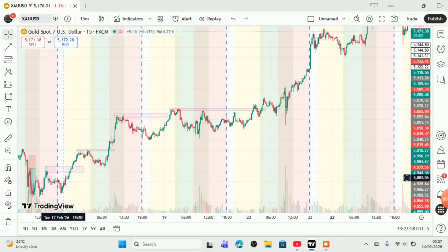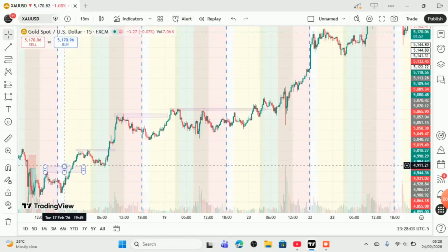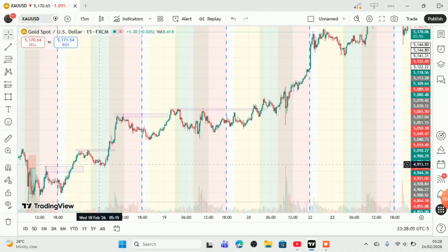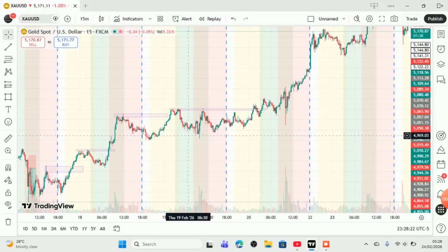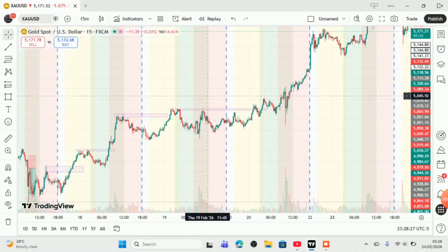Then when this happened, we start picking. It broke the higher high, came here, created a higher low, broke this zone which is the higher high and went up, created another higher low, came and cleared this higher high which is this one, came down, created another higher low, and so on and so forth.